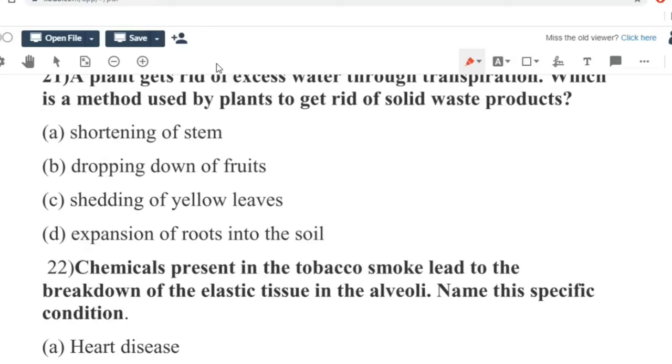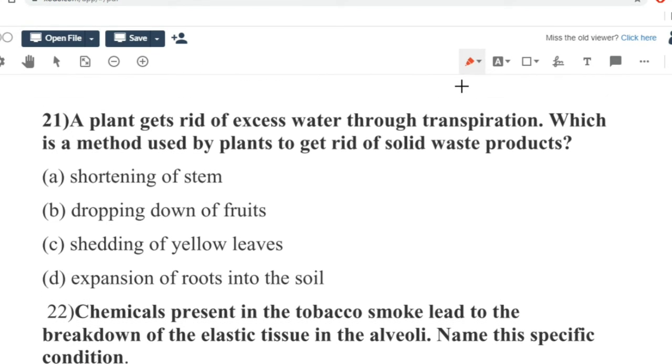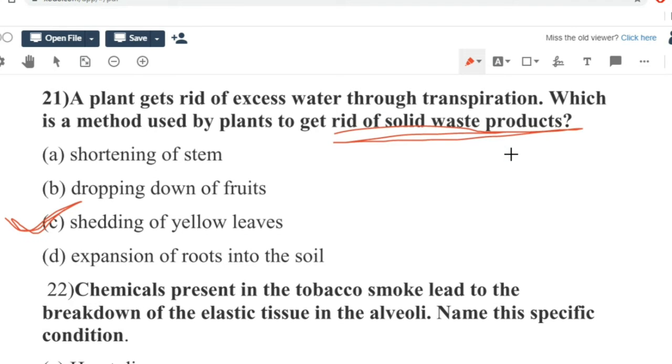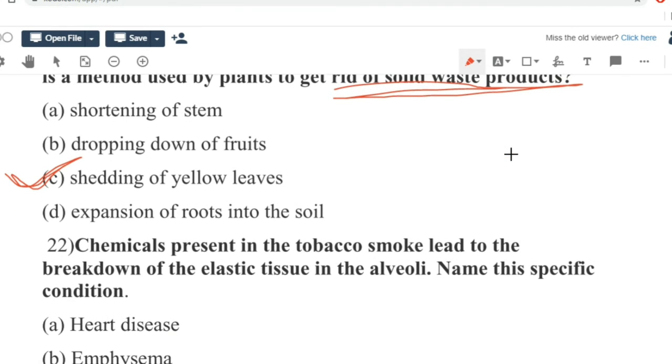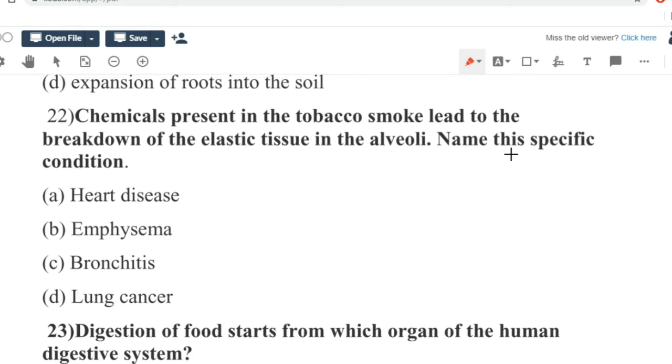A plant gets rid of excess water through respiration, which is a method used by plants to get rid of solid waste product. Shortening of stem, dropping down of fruits, shedding of yellow leaves, expansion of roots into the soil. So the answer is shedding of yellow leaves. Okay, shedding of the dry yellow leaves means that it is a process through which plants are getting rid of their solid waste.